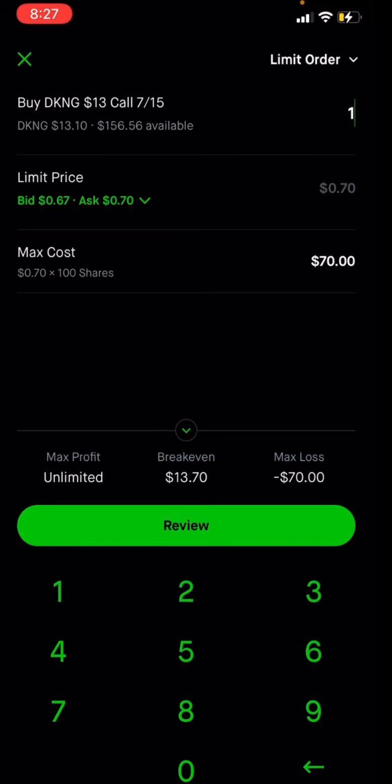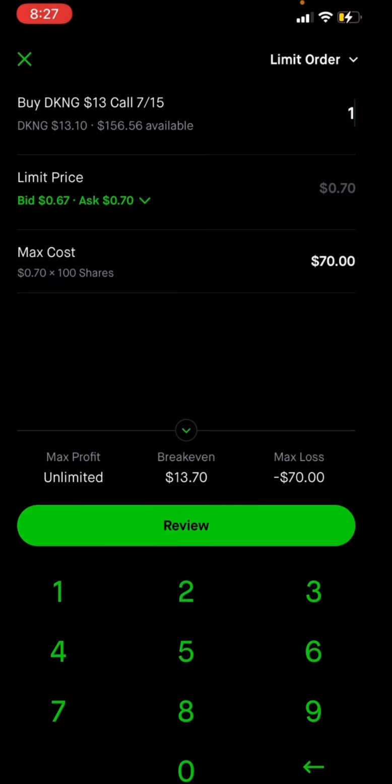The next question is your limit price. I don't really like to think about the limit price. It already has that filled out for me. But this is basically telling me that each share to rent out until the 15th of July is going to cost 70 cents, right? And remember, guys, with options, you are buying 100 shares minimum, right?